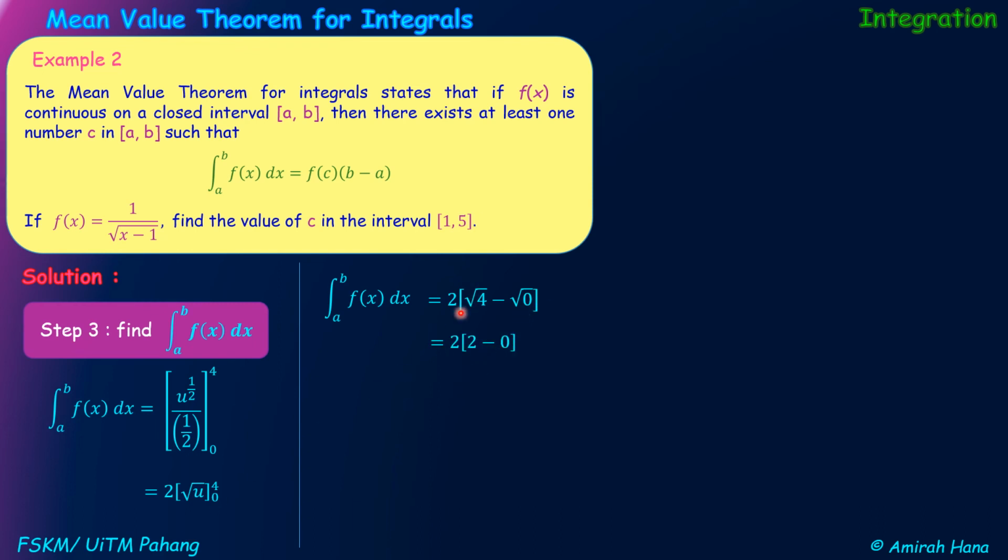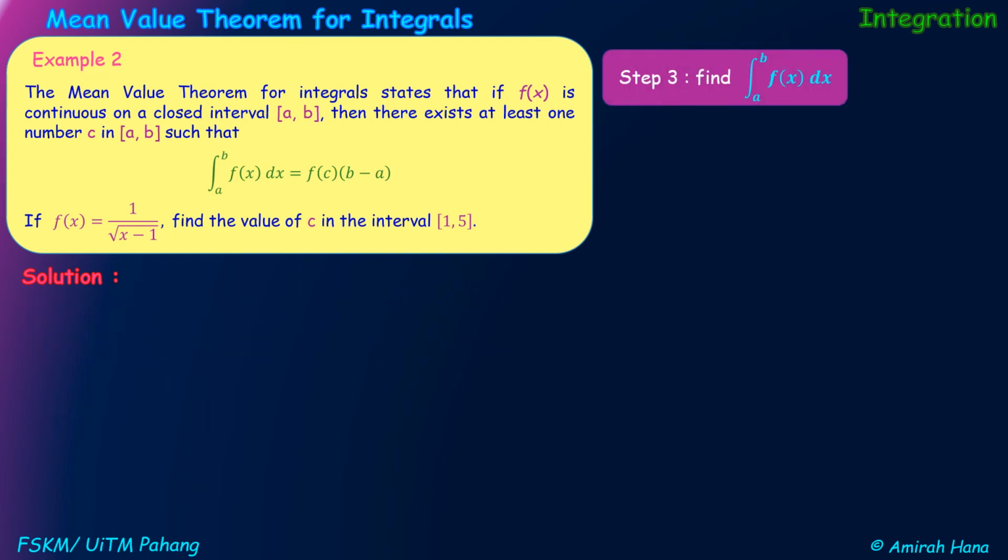Then we have 2 times 2 minus 0, which equals 4. So we have two methods to integrate u to the power of negative half: either we can use integration of a linear function, or we can use u substitution.